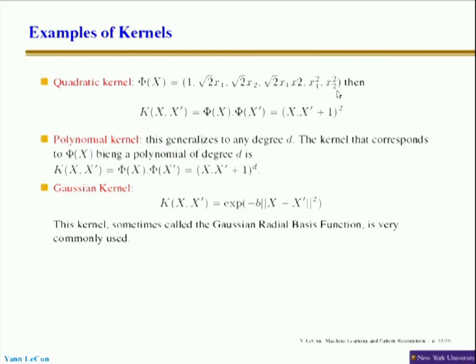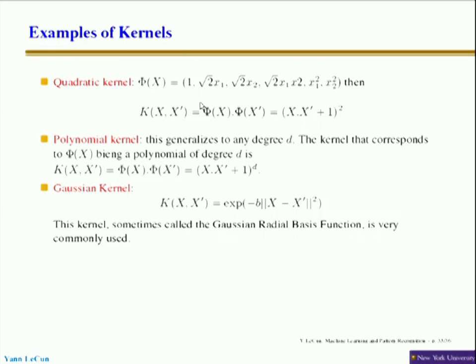Then when you compute the dot product between two vectors mapped through this phi function, you can convince yourself by just doing the calculation that this reduces to x dot x prime, the dot product between x and x prime, plus 1, squared. So this very simple calculation is equivalent to doing a dot product in this degree 2 expanded space, and that's valid for any number of input dimensions. It doesn't matter what the dimension of x is.